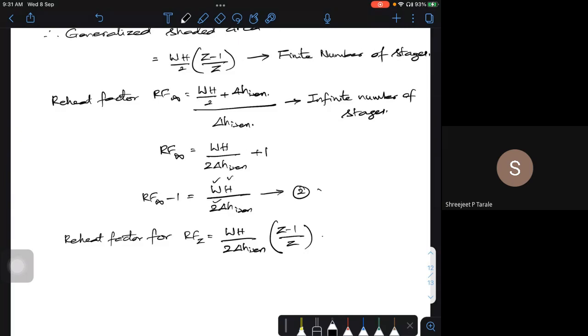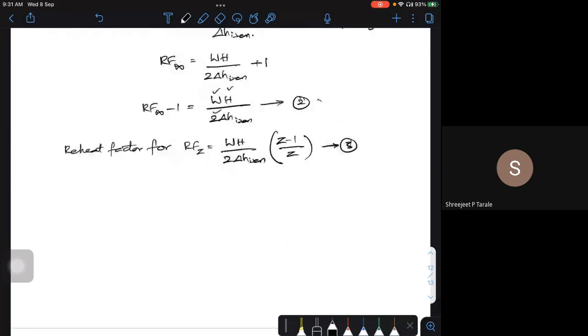If I call this equation number 3, the only extra thing is that I am adding this Z minus 1. If it is 3 stages, it's 3 minus 1 by 3. If it is 2 stages, 2 minus 1 by 2.